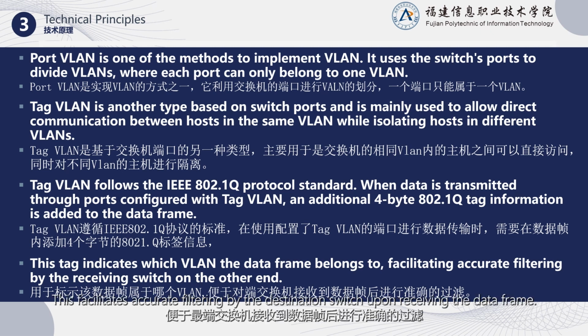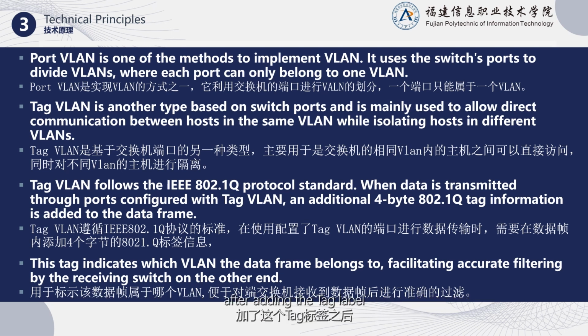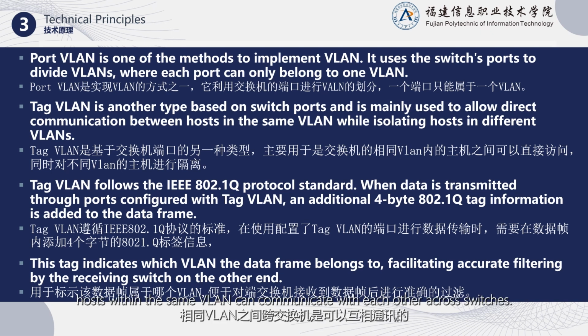This facilitates accurate filtering by the destination switch upon receiving the data frame. In other words, after adding the tag, hosts within the same VLAN can communicate with each other across switches.